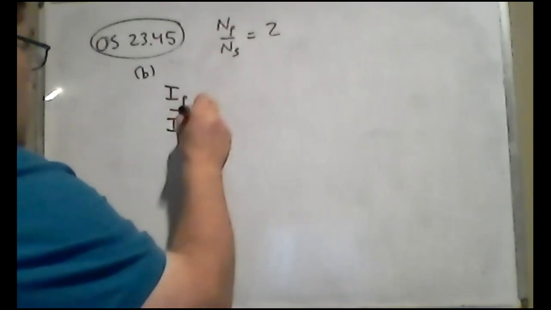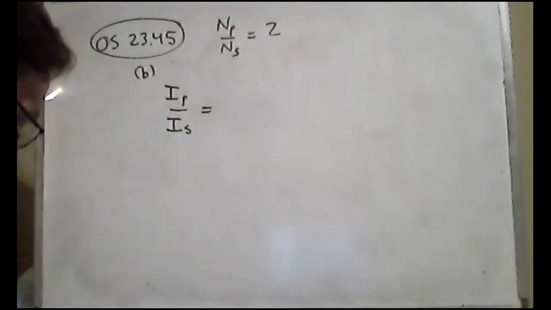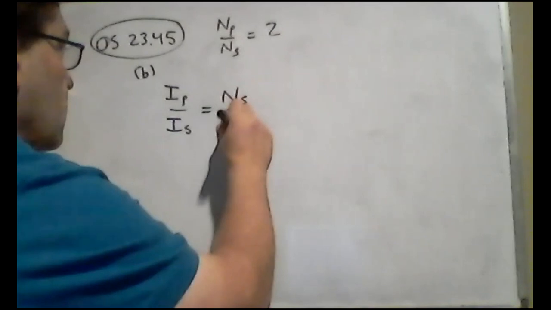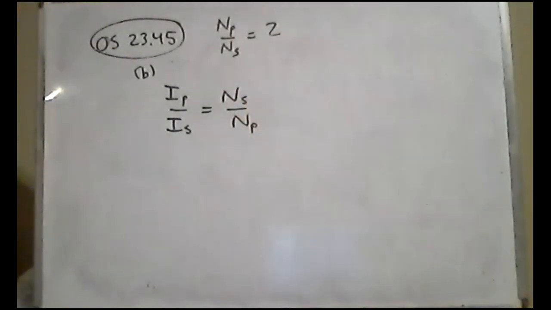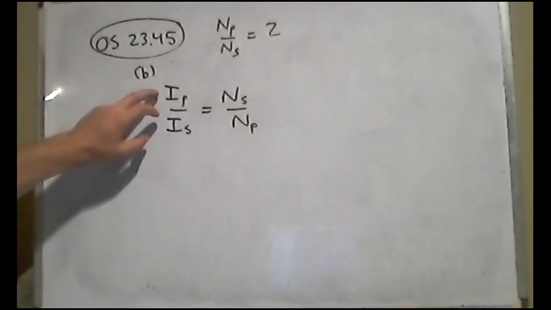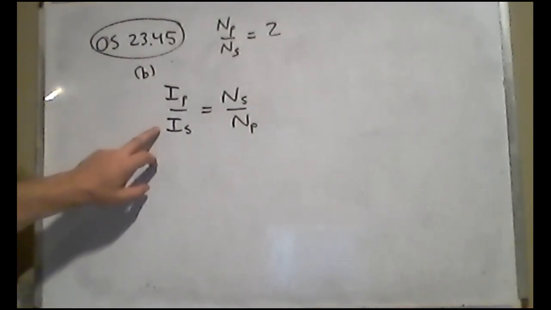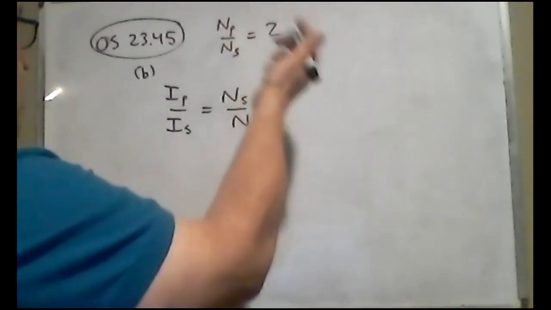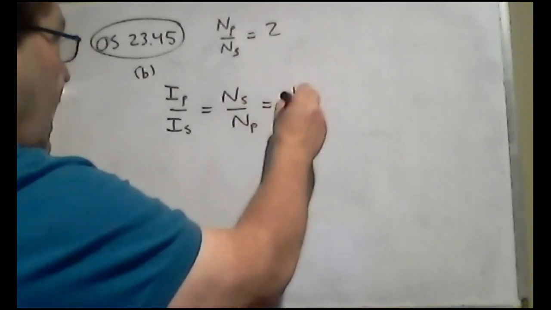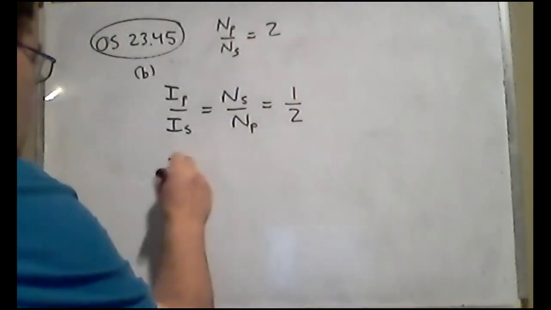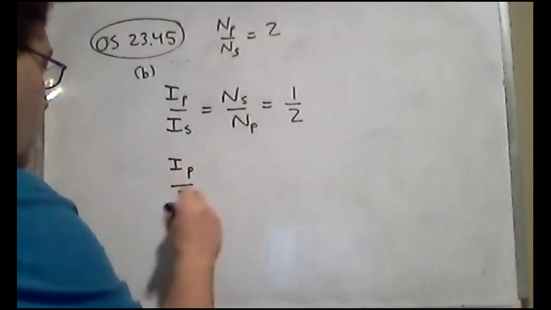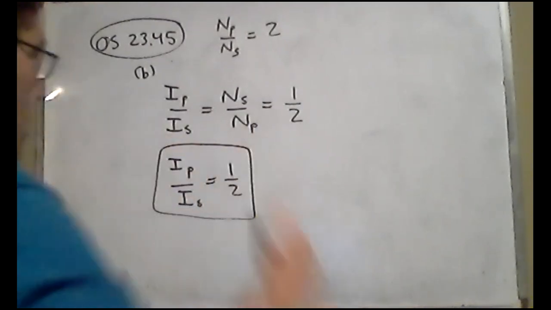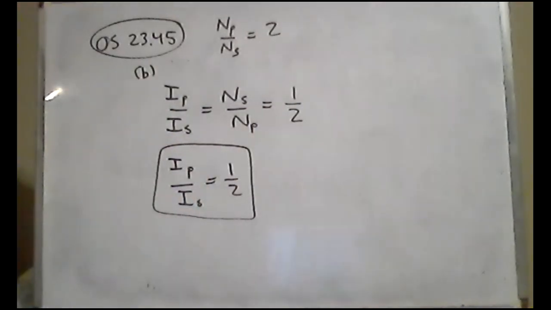I sub P over I sub S, remember, is N sub S over N sub P. It's flipped. So we want the ratio of the primary to the secondary. Well, if N sub P over N sub S is 2, this is going to be 1/2. So I sub P over I sub S is going to be 1/2. The ratio of the currents will be half. The primary current will be half that of the secondary current.